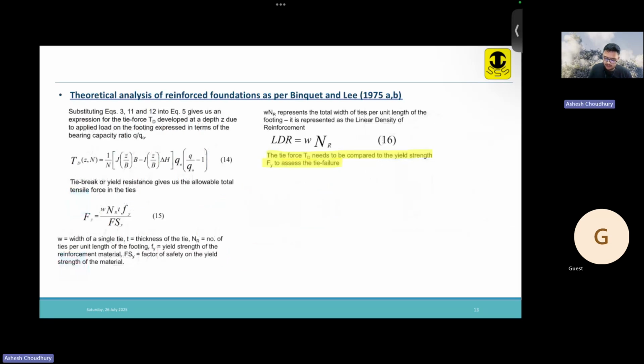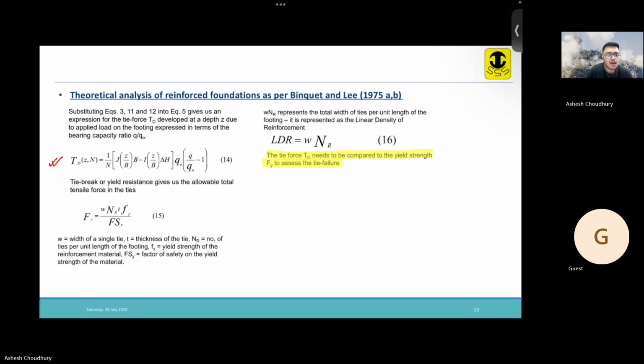So we get the tie force developed at Z due to the applied load on the footing, expressed in terms of the bearing capacity ratio Q by Q naught. Finally, this TD is a function of J, I, and Q by Q naught. J is a function of Z by B, and I is a function of Z by B. So this TD is a function of both Z and N.